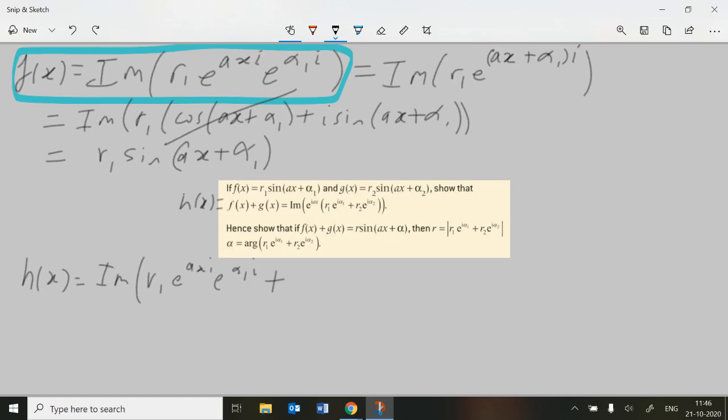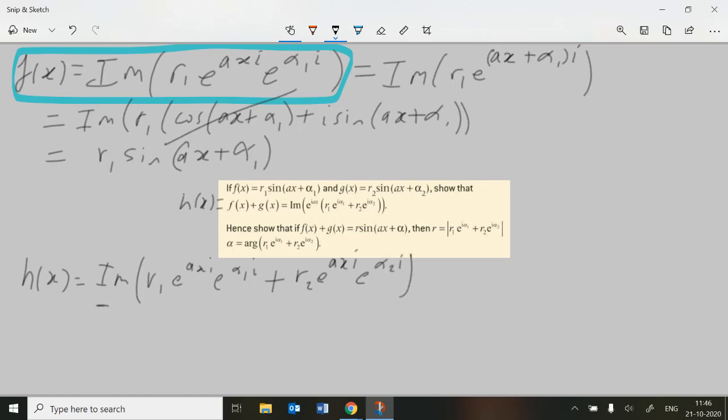and the imaginary part of one added to the imaginary part of the other is just the same as the imaginary part of the entire expression, because there's two separate imaginary parts which we can then add together. So that's not an issue here. If you want to expand that one out, of course you can, but it's fairly easy to see that this is e^(ax i) again, and then e^(alpha 2 i).